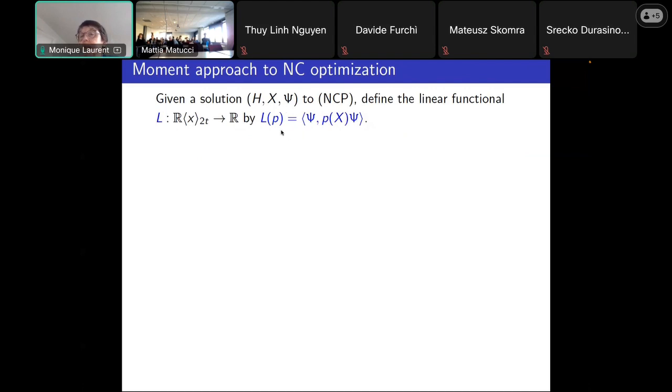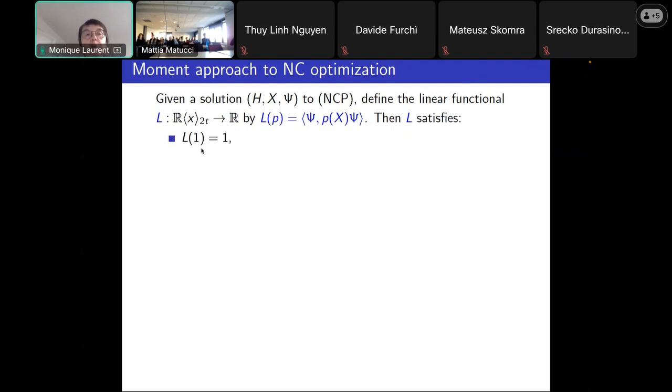This is the exact analog of the commutative case, where it would be L of P is equal to P of X. In the non-commutative case, you now take this expression. So you model all the terms which are difficult in your program by introducing a linear functional. And now let's see what properties you can impose on this linear functional.